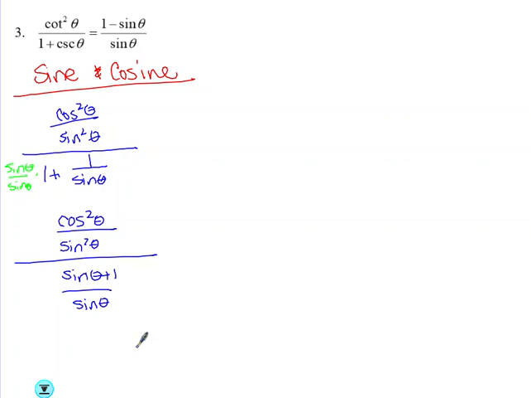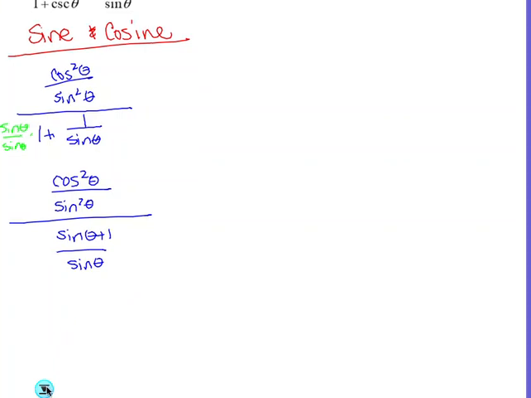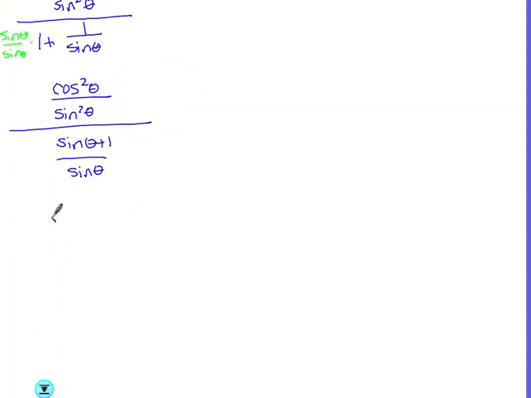So now I have a fraction divided by a fraction, so I need to multiply by the reciprocal. So I have cosine squared theta over sine squared theta times sine theta over sine theta plus 1. This sine theta cancels with one of these sine thetas.